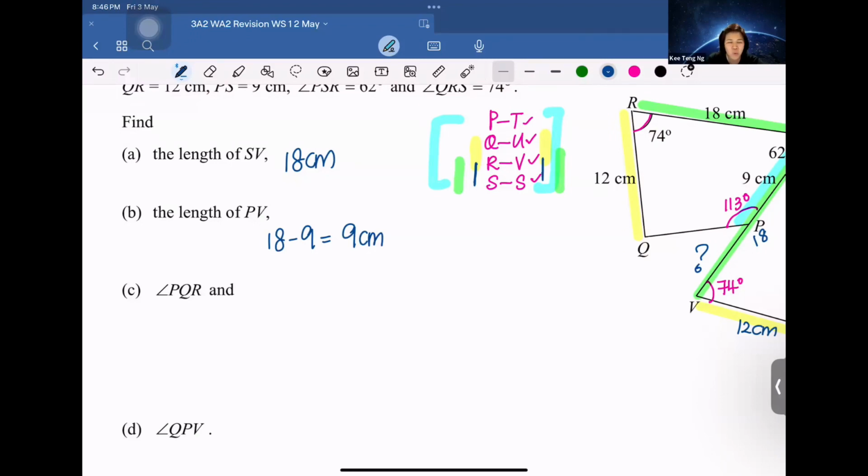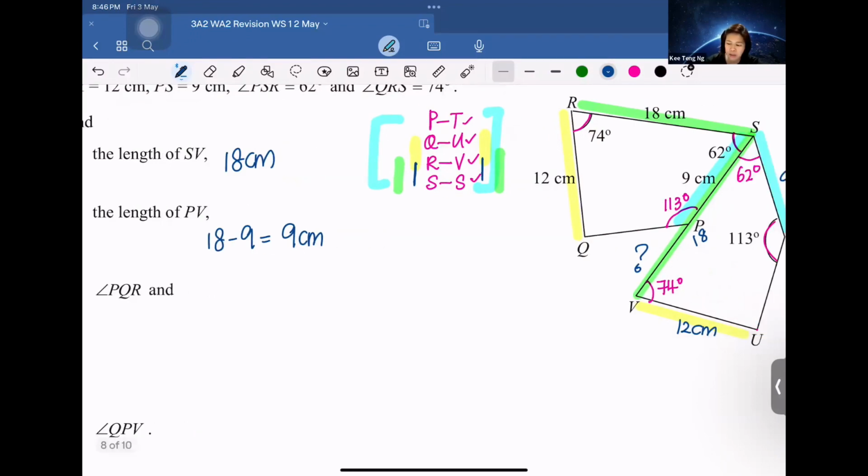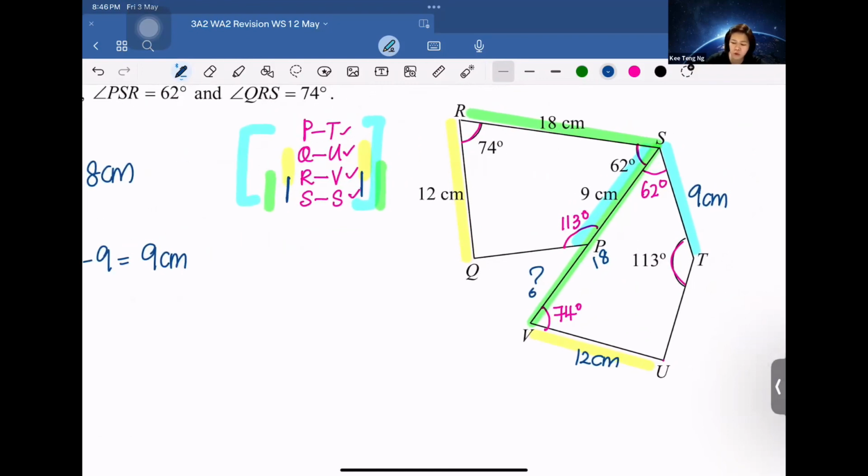Next one, angle PQR. Angle PQR is over here, right? But what information do I have? I notice this is a four-sided figure, so we have a quadrilateral. I know that the angle sum of a triangle is 180 degrees. So what's the angle sum of a quadrilateral? 360, isn't it?